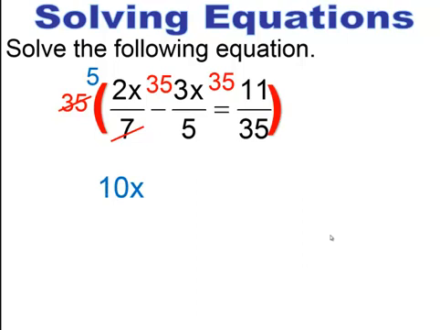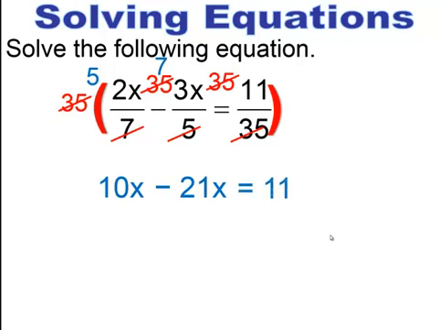And then I'm going to simplify the next piece. 5 goes into 35 7 times. 7 times 3 is going to give me a minus 21x. And then the last piece, 35 goes into 35 once, so you're left with equals 11.